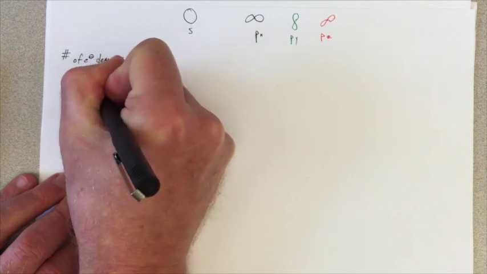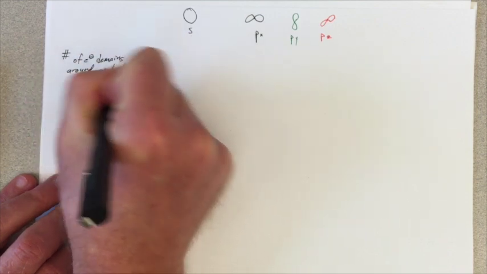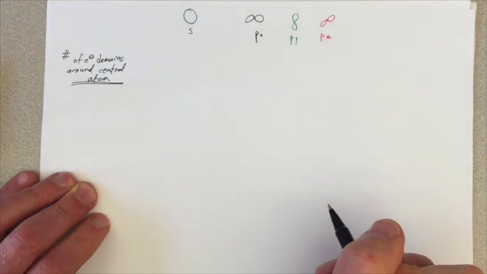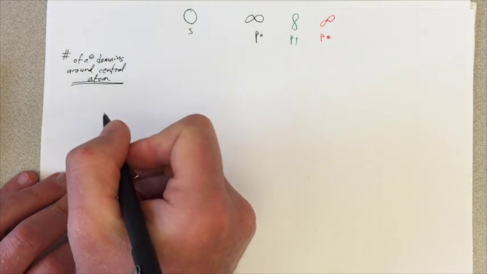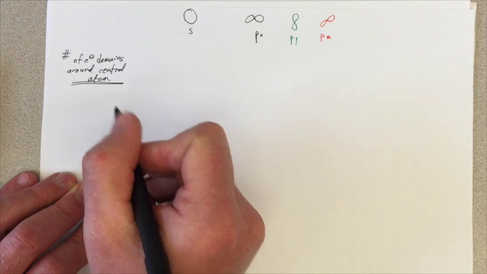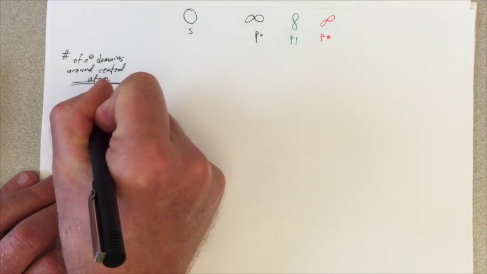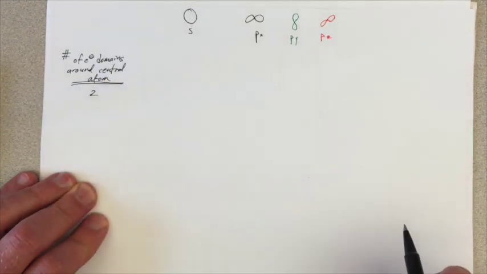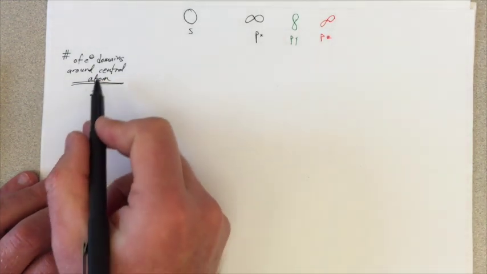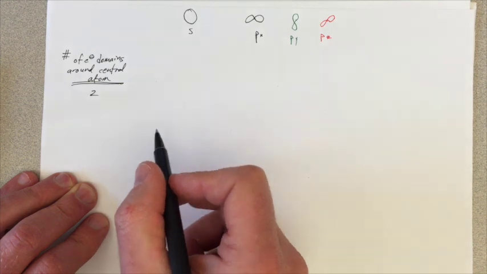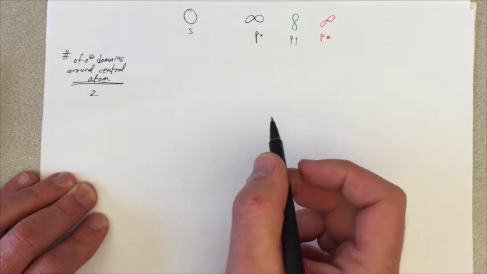And we'll do some practice in a minute to try to figure that out. Now, for any molecule where 2 atoms are bound together, there's going to be at least 2 electron domains around that atom. If you have 2 electron domains, then you need 2 orbitals in which to house them.